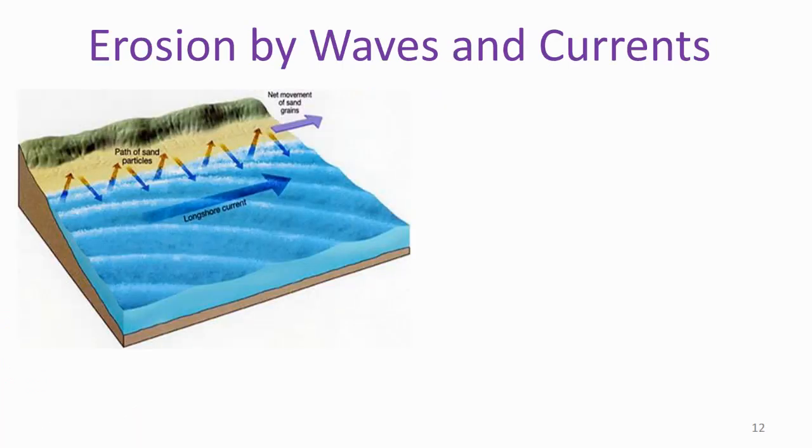Okay, so what is happening at the coastline? At the coastline, we have erosion occurring by waves and also by currents. We have the longshore current.